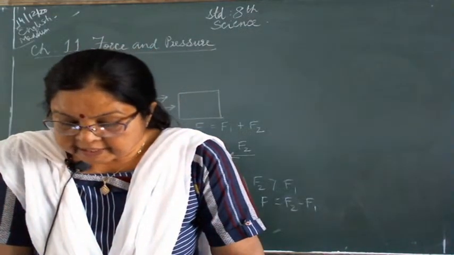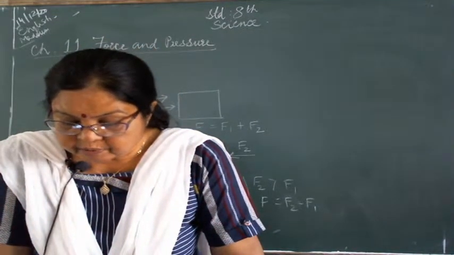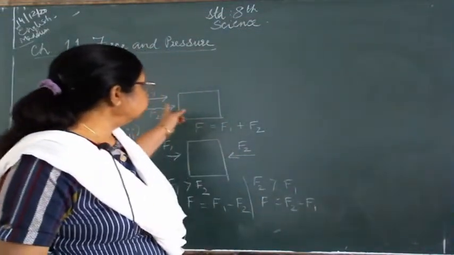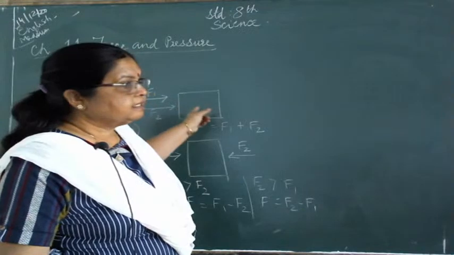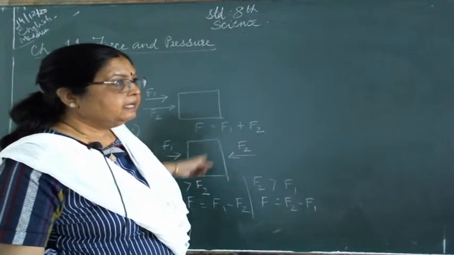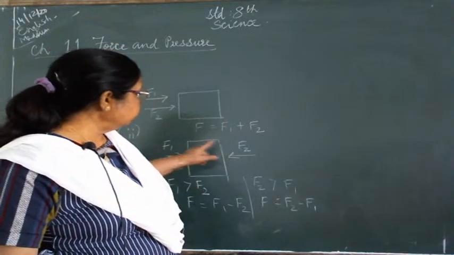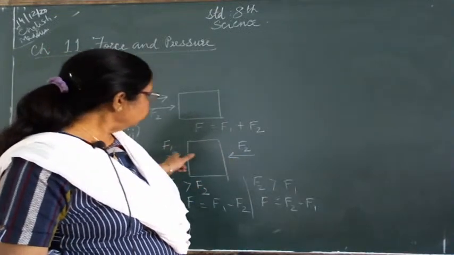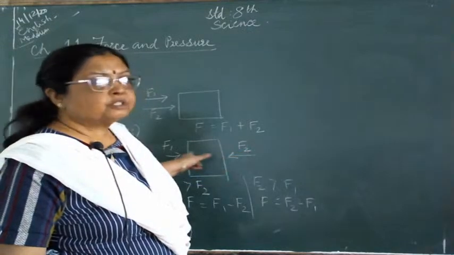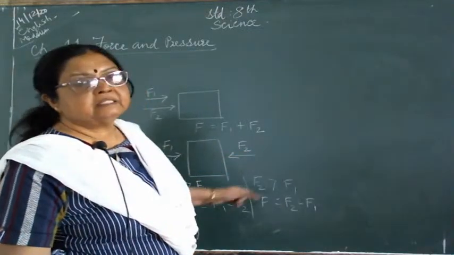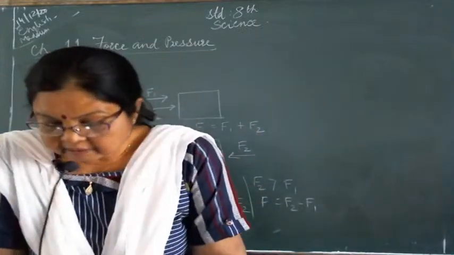If the force applied on the object is in the direction of its motion, the speed of the object increases. The force applied in the same direction increases the speed, and the force applied in the opposite direction, this is the player and this is the goalkeeper, when the ball hits this side, the goalkeeper stops it. So it can stop the ball or it can deflect the ball in another direction.